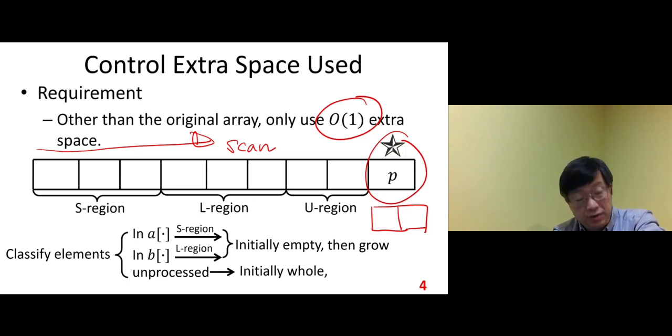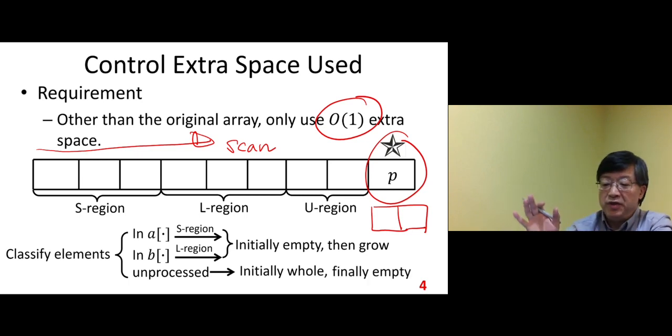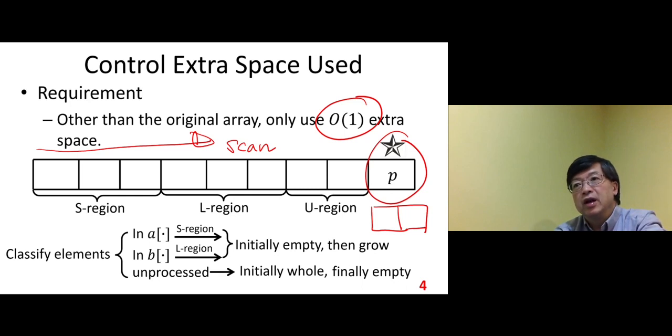Then we reduce the U region until it is empty. At the end, the U region is empty. So that's our plan: when we work, we try to manage our data in a well-organized way.